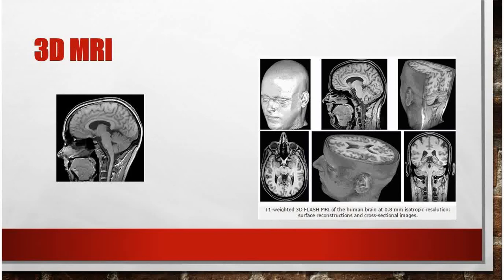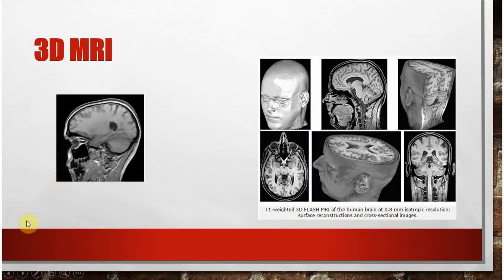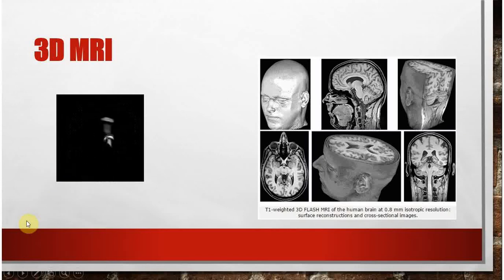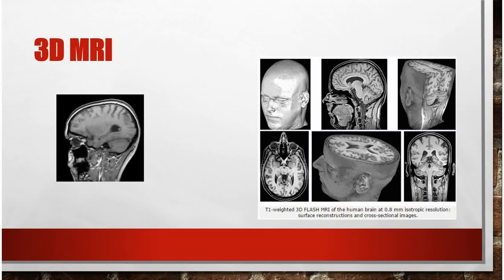Another favorite is the 3D MRI. On the right side image, we can see the cross-sectional images of a 3D MRI, and on the left side there is a video showing the slices of a 3D image.